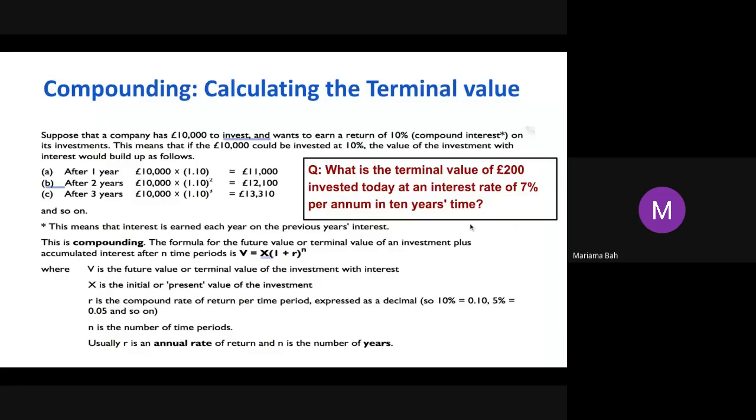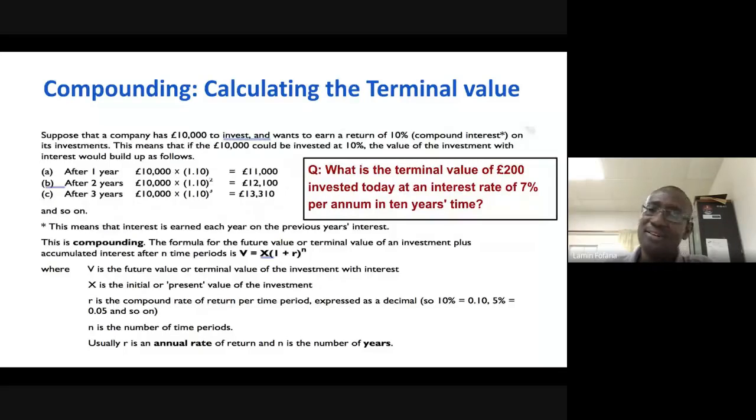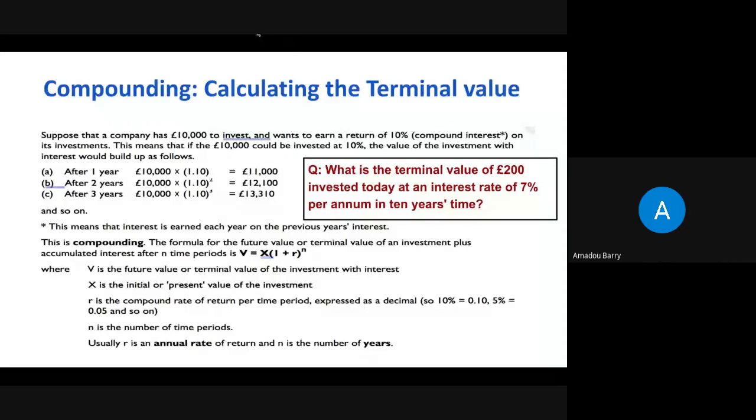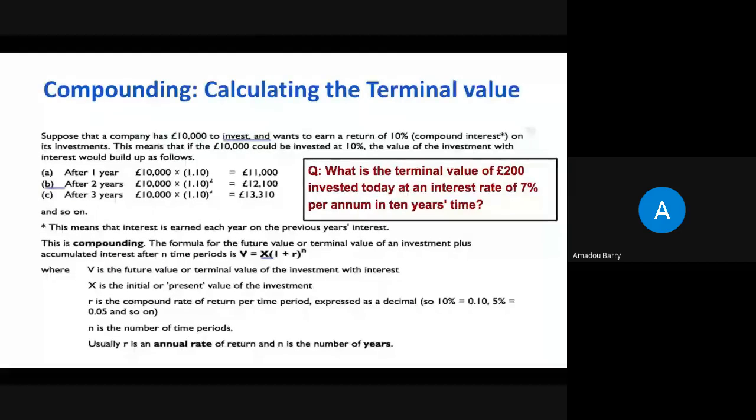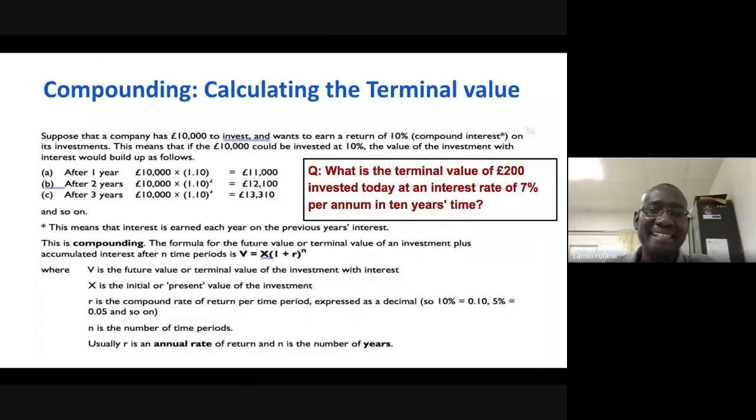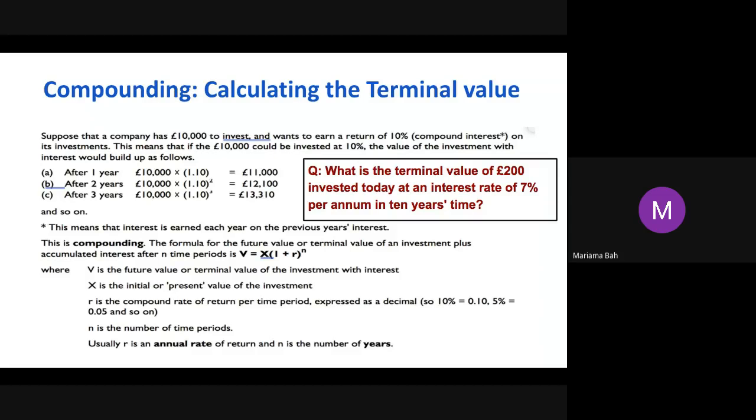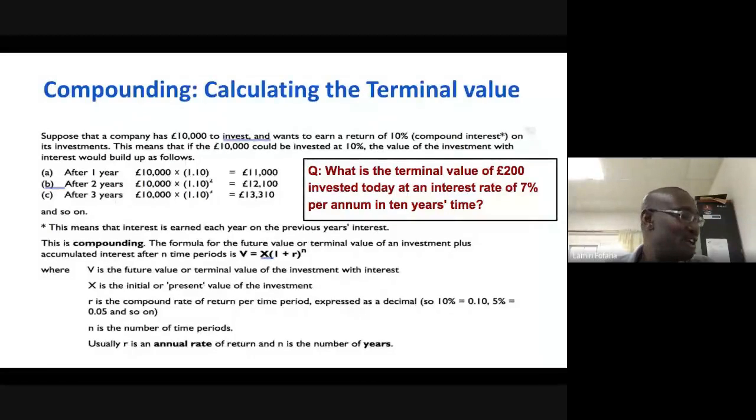It's only 200. I got 393.43. Yes, 393, correct, that's what I got. The other part is 0.430 and so on, and when you round it, it's 393.